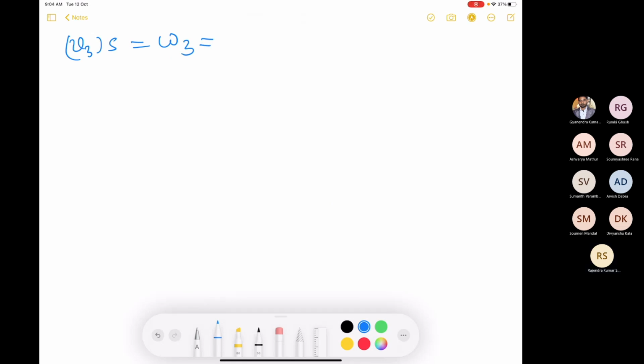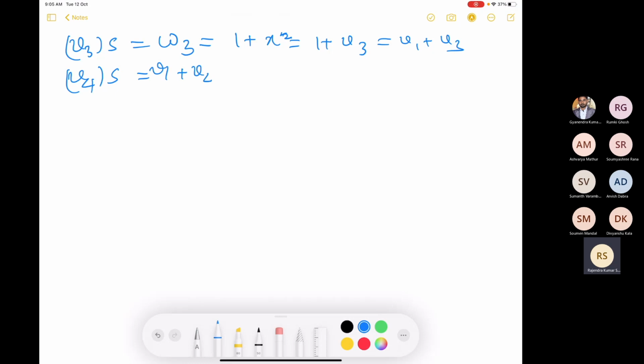W3 is 1 plus x square, which is V1 plus V3. V4S is V1 plus V4, and V5S is V1 plus V5. And so C is the matrix here with respect to ordered basis B1 of S.